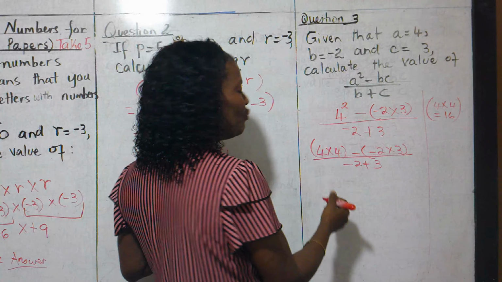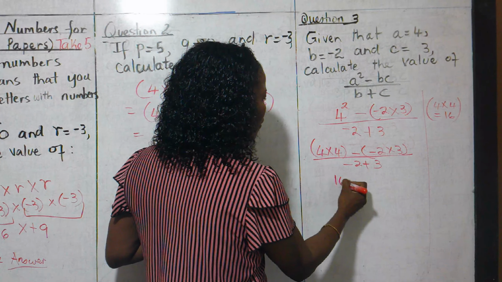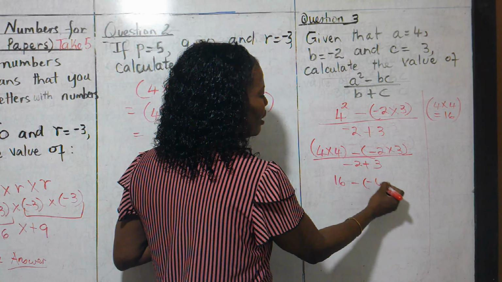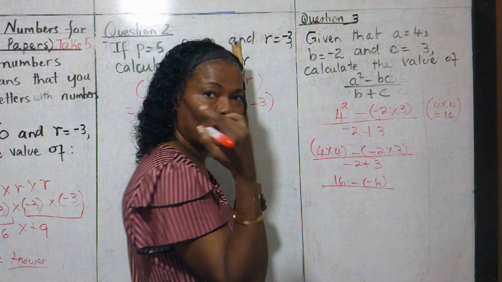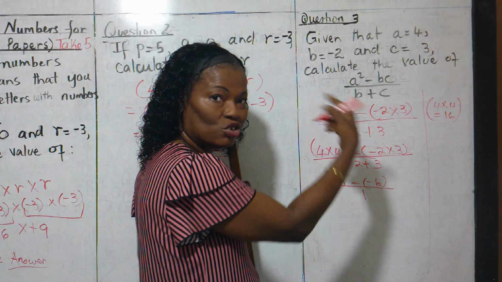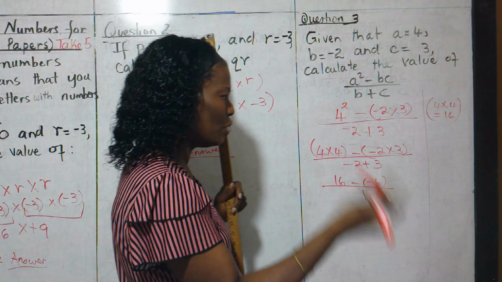So 4 times 4 is 16, minus -2 times 3 is -6. On the bottom, -2 plus 3: you have 3 and you owe 2, so you have 1, because you have more than what you owe. Negative means you owe, positive means you have.